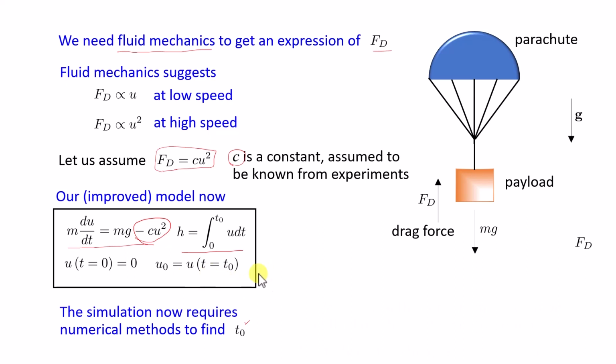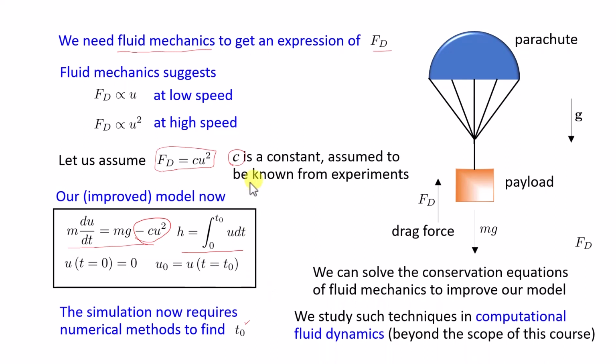Now in this model, we are using this constitutive relation, and we are getting C from experiment. You can remove them and you can even make your model better. You can get this drag force by solving the equations of fluid mechanics all around this parachute.